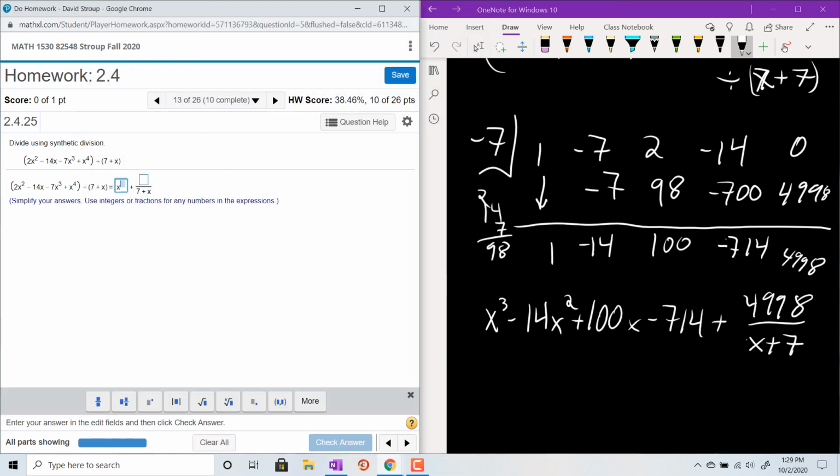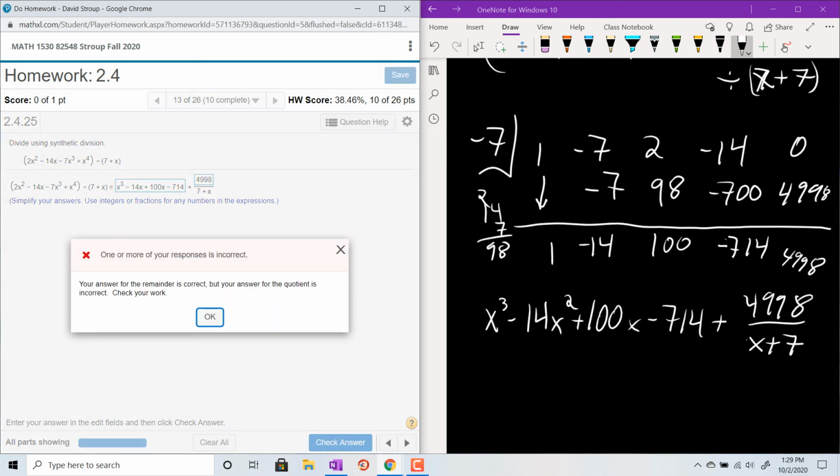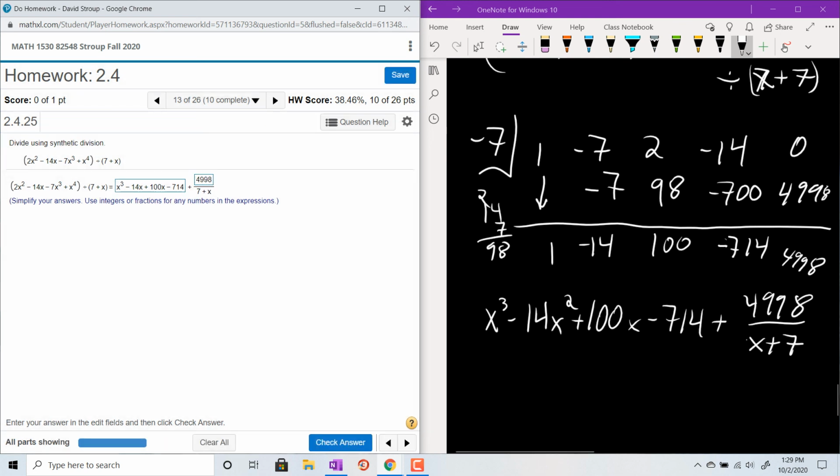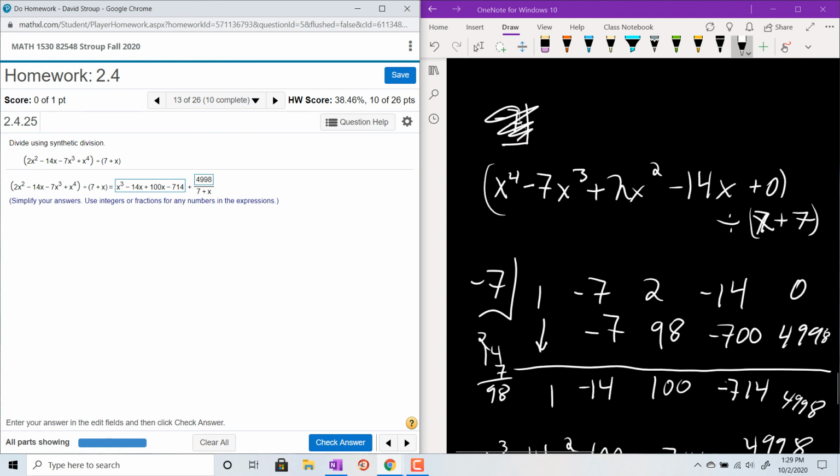So we got x cubed minus 14x squared plus 100x minus 714, and then 4998. Yeah, I was afraid that might not be right. Well, let's see what we got.